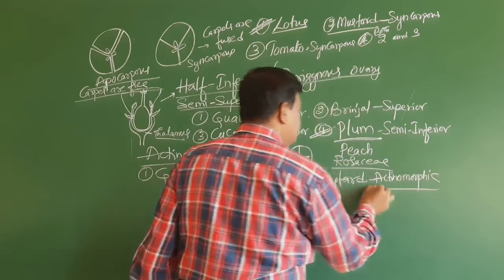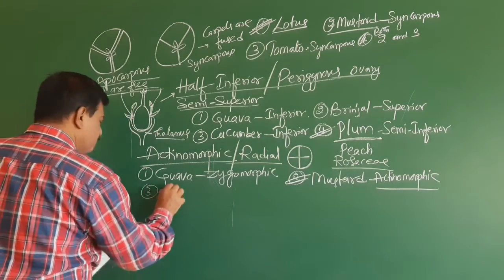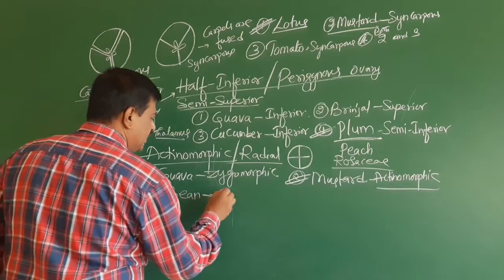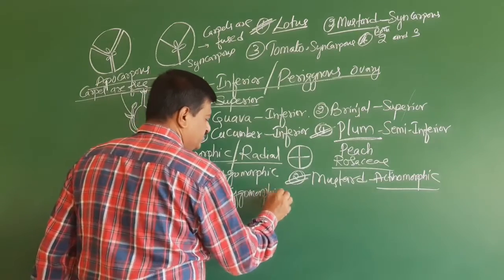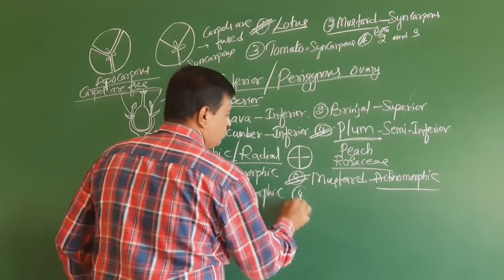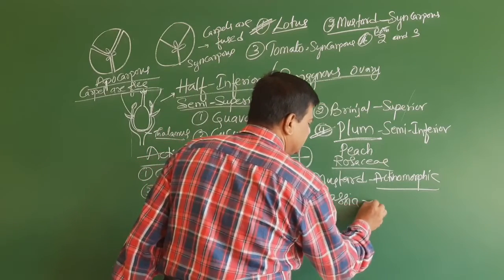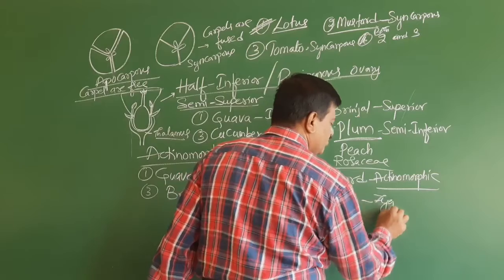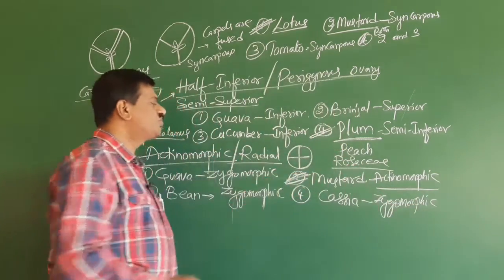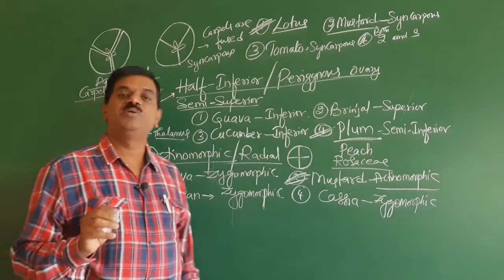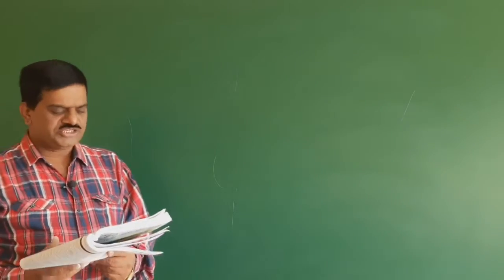The third one is bean, which has zygomorphic flowers. This is not the answer. The other one, cassia, also has zygomorphic flowers. So the right answer is actinomorphic flowers, as seen in mustard. So we go for the next question.